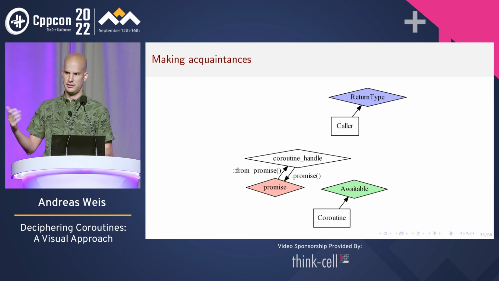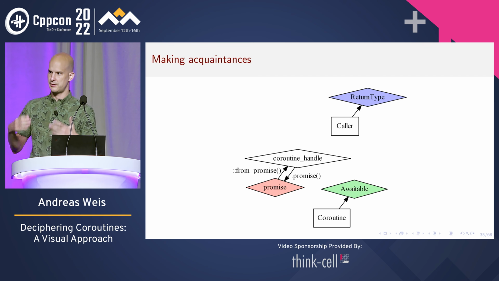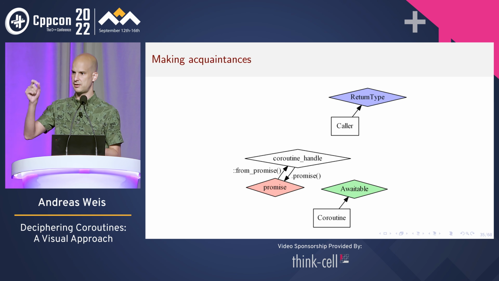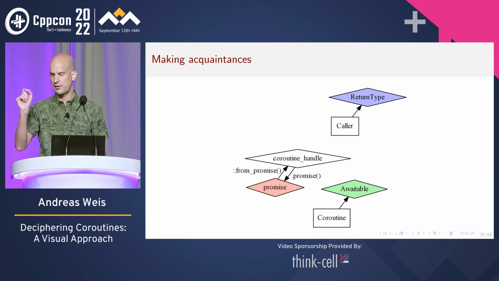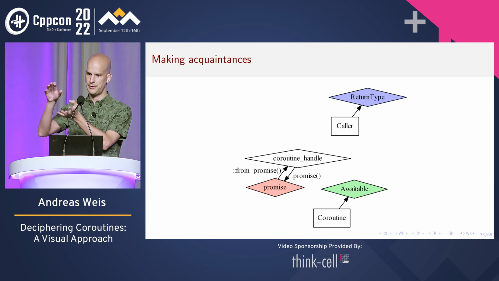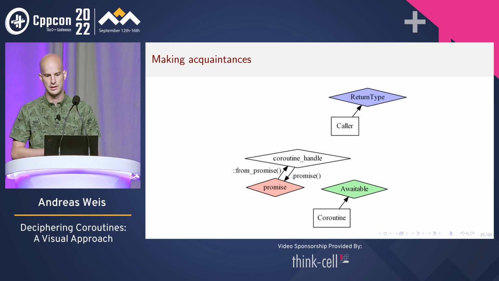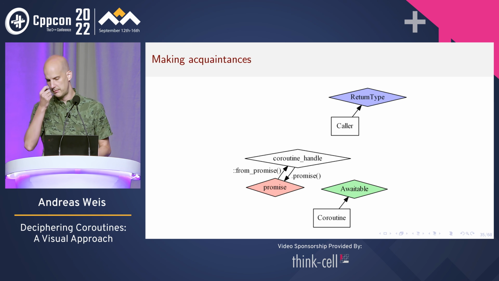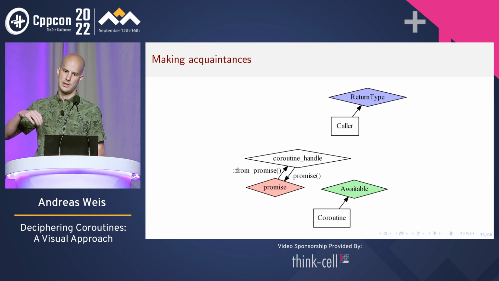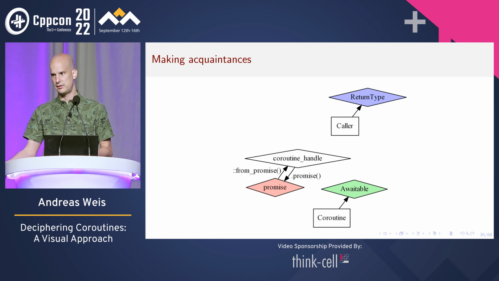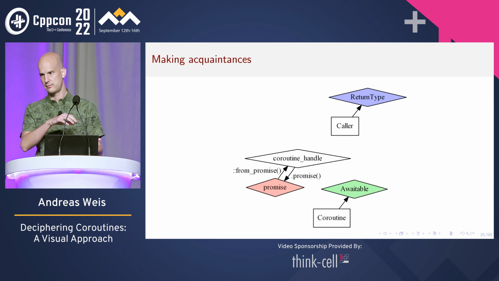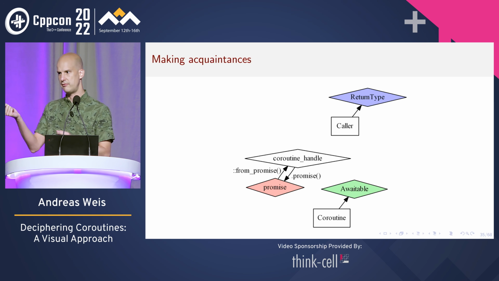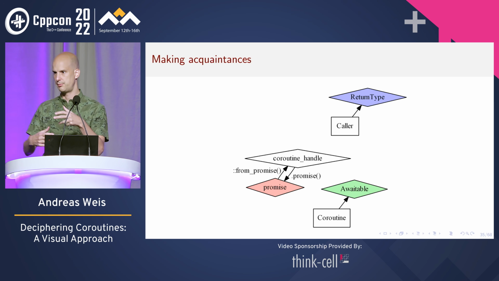Similarly, the coroutine obviously knows the awaitable, because the awaitable is the thing that appears together with the co_await call. So that appears in the coroutine body. And we also saw that, because of the member functions on the coroutine handle, we can convert a promise to a coroutine handle and vice versa. So with those two, if you have one, you can always get to the other. Works both ways.